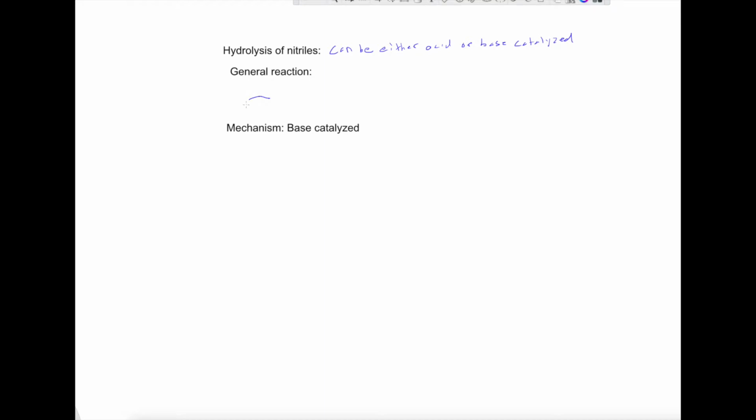So I'm going to give you the general reaction that we're going to use here. We'll just say here that this is either acid, and then you, of course, need some heat, or you can have base, also with heat, and you can convert this now to your carboxylic acid.